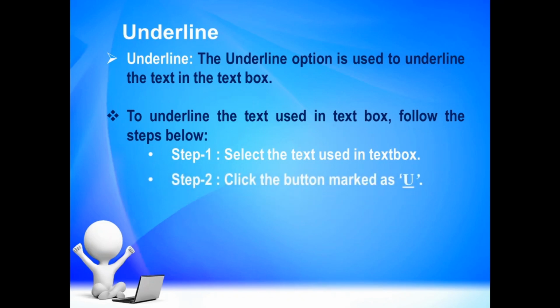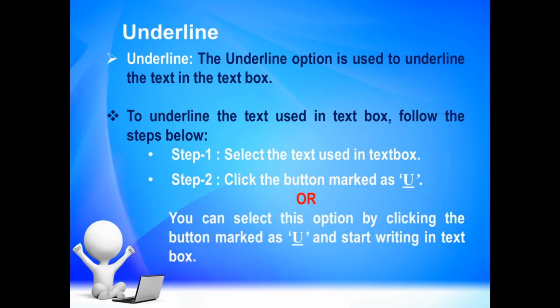Then click the button marked as capital U. Or you can select this option by clicking the button marked as capital U and start writing in the text box. Let's do these things practically.